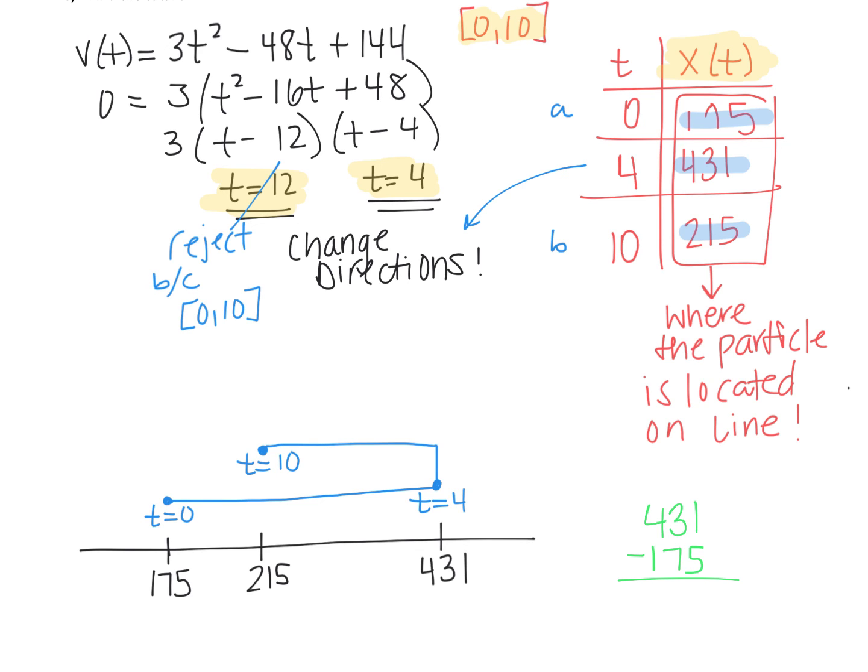Hit resume when you're ready. That should give you 256. So from here to here is 256. Then we're going to put in 431 to 215. So we'll go to our calculators again and do 431 minus 215. And you should get here 216. So that's the distance from there to there.